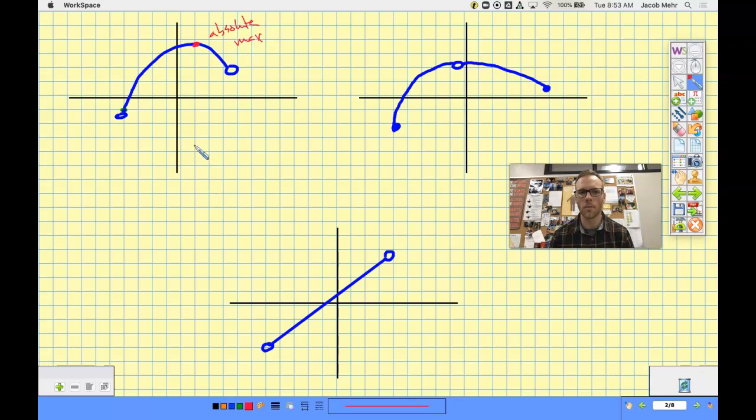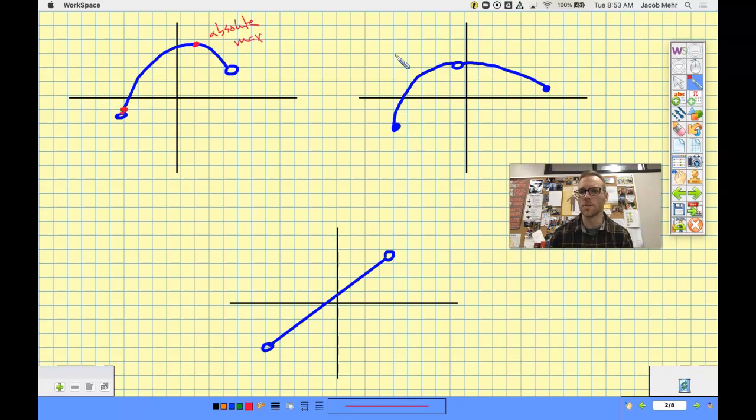Does it have a minimum though? No, these are both open dots. There is no minimum. If I pick a point here and say this is the lowest point on the graph, you could always pick another one just underneath it before we get to that open dot, because points are infinitely small. We can keep getting closer and closer to that forever. So there is no minimum.